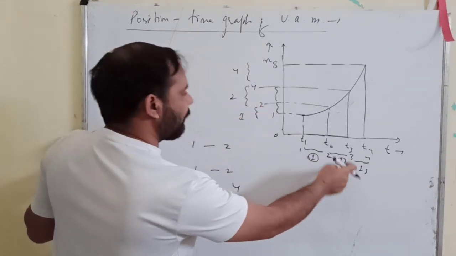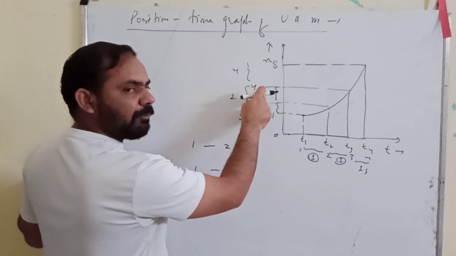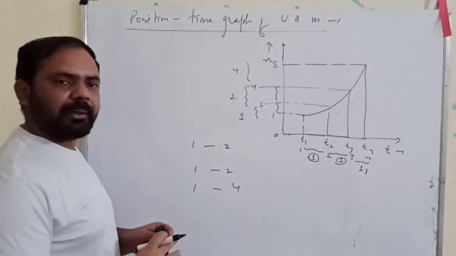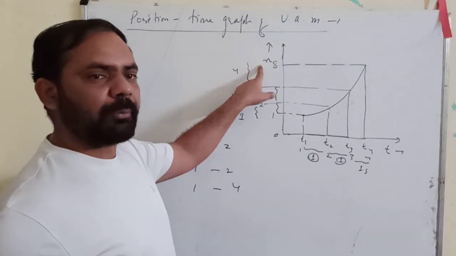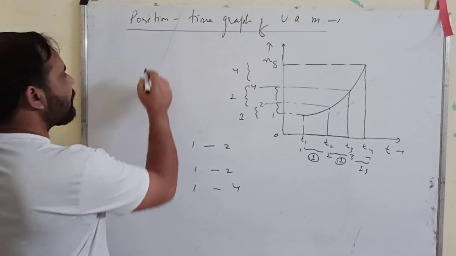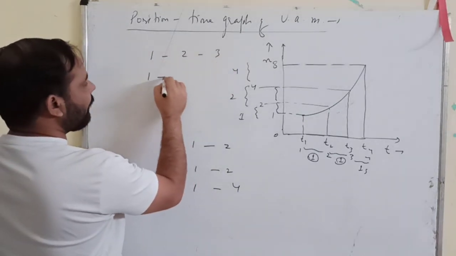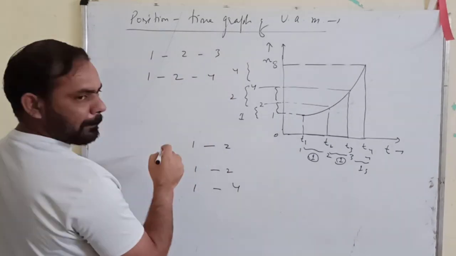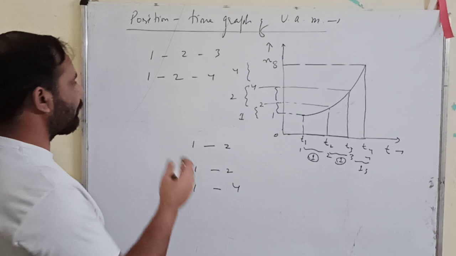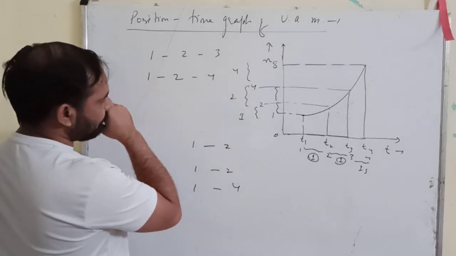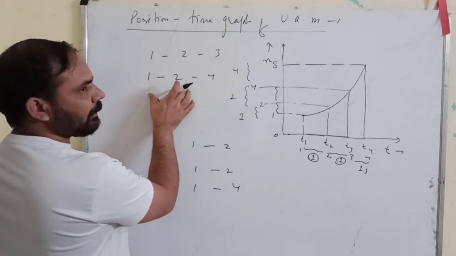One more second, displacement increased by 2 units. Body is at 4, displacement increased by 2 units. Then in the next 1 more second, displacement is increased by 4 units. So how is time changing? 1, 2, 3. How is displacement changing? 1, 2, 4. So you can say that there is an equal increase. Well, how much is the increase? How much is the increase in displacement?